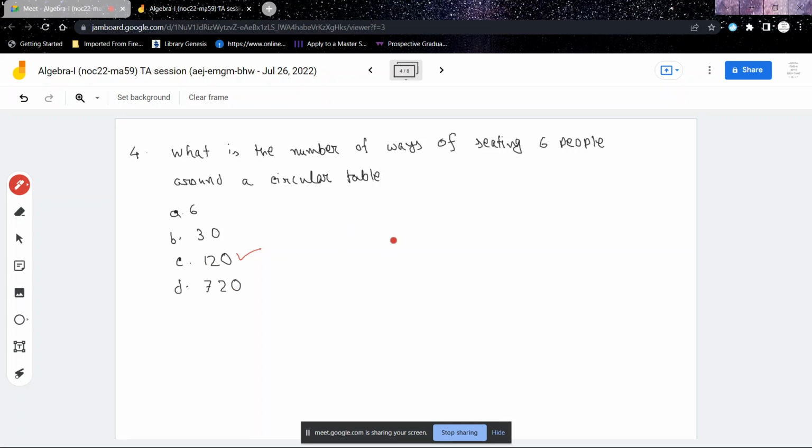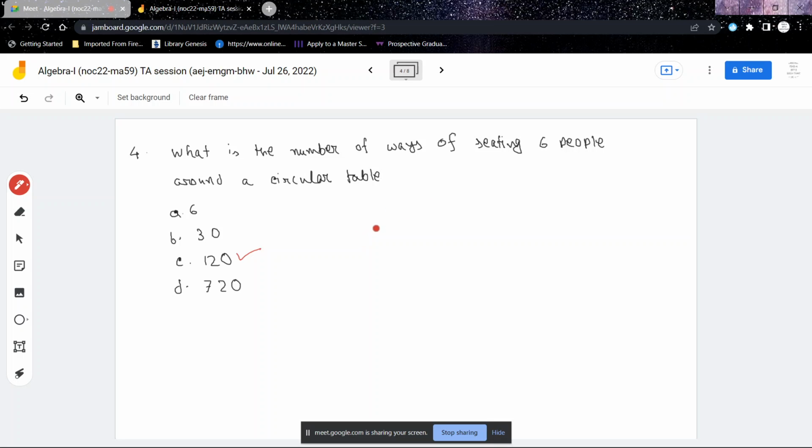If you just want to compute it from scratch without assuming any formulas, just see that the number of linear arrangements of 6 people is precisely 6 factorial.